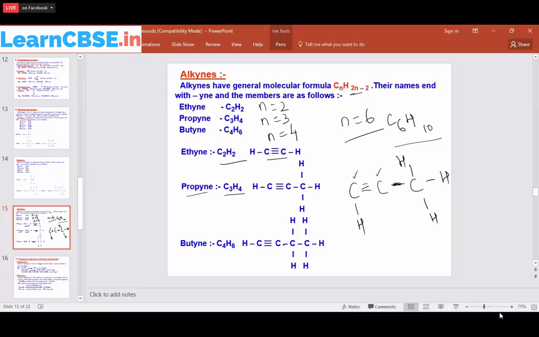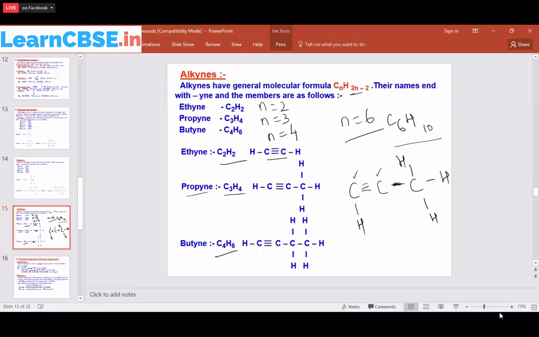Butyne also in the same way, C4H6. We have to write carbon, carbon, carbon, carbon, the 4 carbons in a straight manner, and write the triple bond between the first and the second carbon. The first carbon already made 3 bonds and 1 bond with the hydrogen atom, so it is satisfied with 4 bonds.